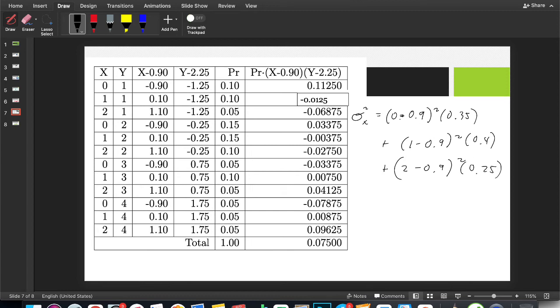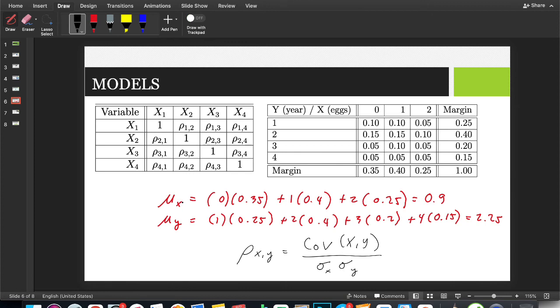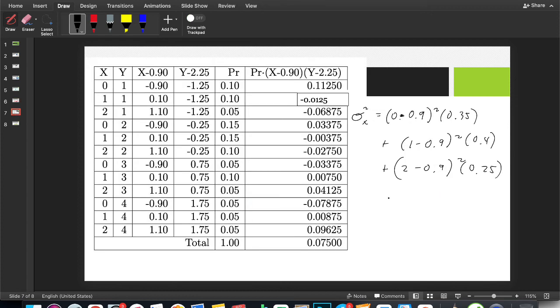So remember that this 0.9 here is actually the mu sub x. Okay, so that's how you obtain your variance. So if you do your calculation here, you'll get that sigma squared x, or the variance of x, is 0.59.